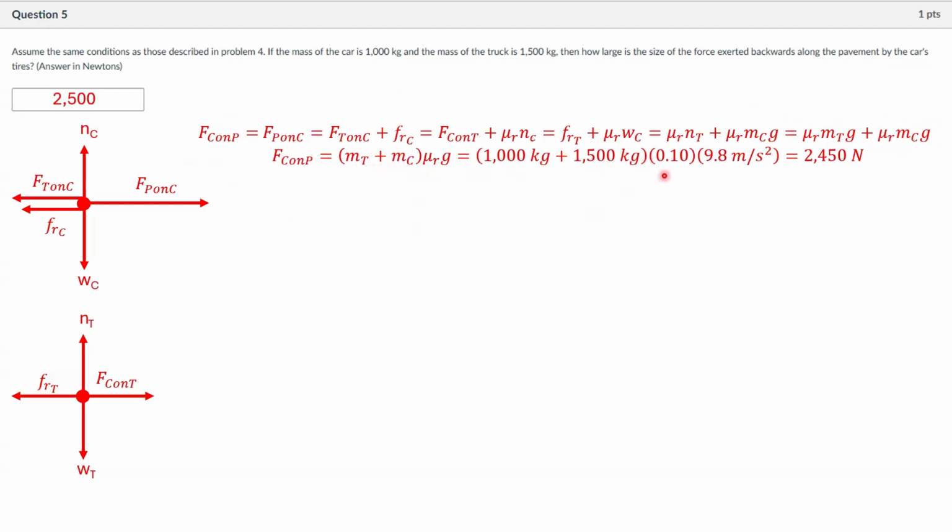We know the coefficient of rolling friction between both objects' tires and the pavement. And we know the gravitational acceleration constant, meaning we can solve for the size of this force, which is to two significant figures, 2,500. And again, I believe I give enough variance in the acceptable answers that if you put 2,450, it would still be marked correct.